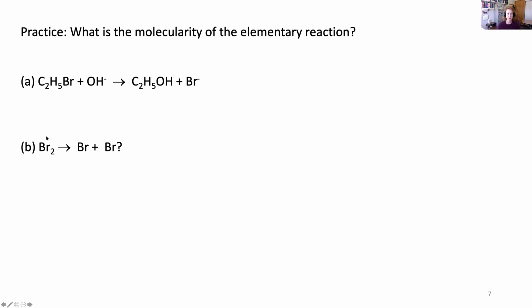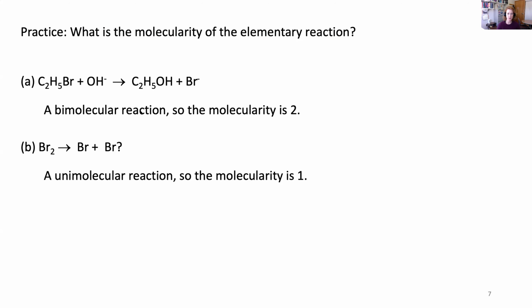And then in this other example, I have bromine reacting to form an individual bromine atom and an individual bromine atom. So that's 1 thing going to 2. What is my molecularity? The molecularity of the first reaction is that it's bimolecular, there's 2, the molecularity is 2. And the second one is a unimolecular reaction, and so the molecularity is 1.